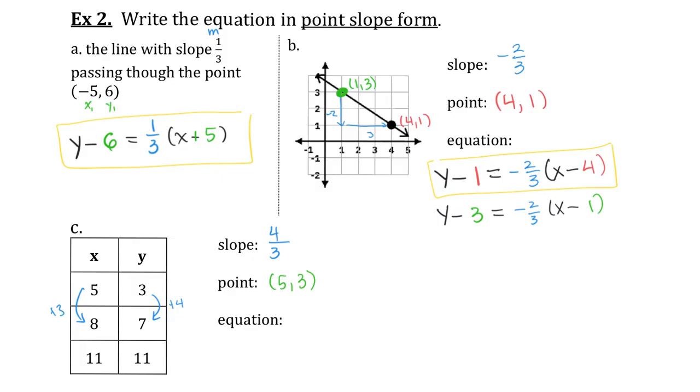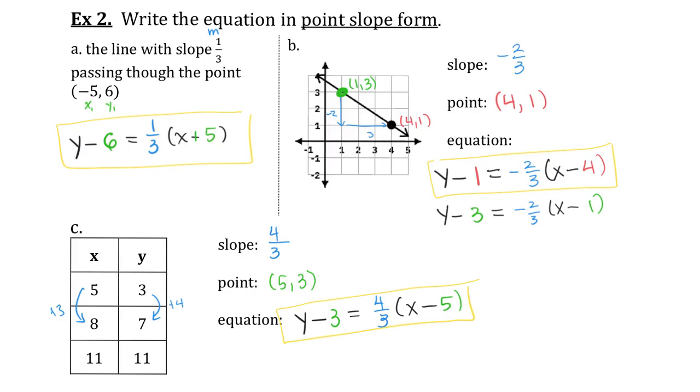Okay, because I picked (5, 3), I'm going to write my equation like this. y minus the y value equals the slope times (x minus the x value). So I'm using this as my point slope equation. This is not the only answer. I could have used (8, 7) or (11, 11). They're all equivalent.